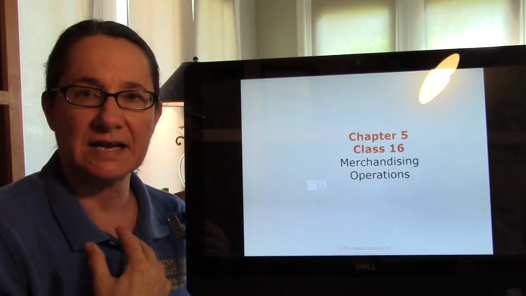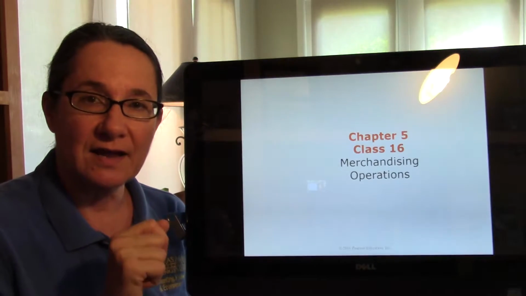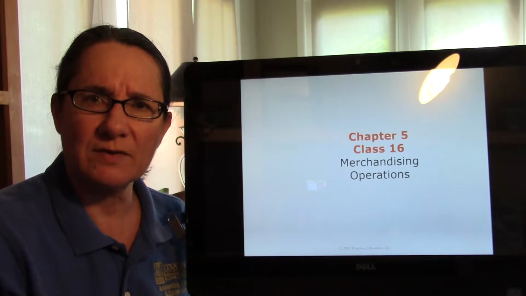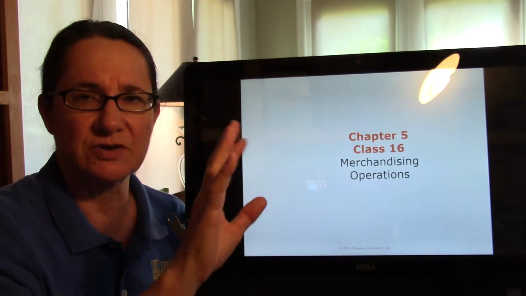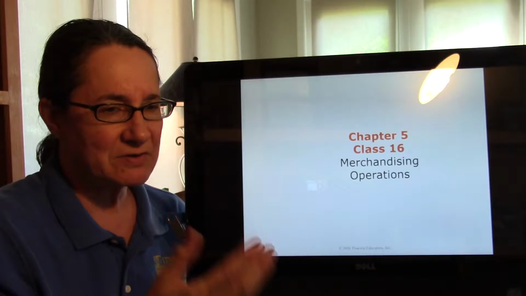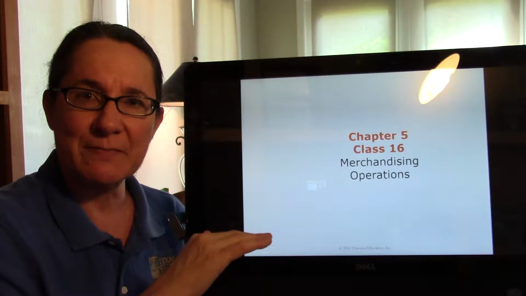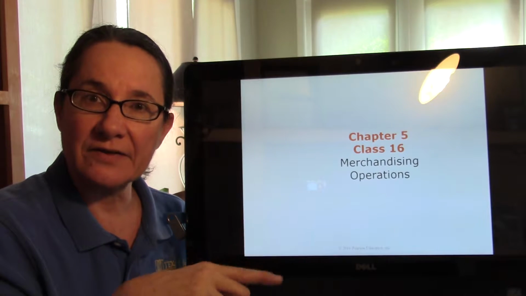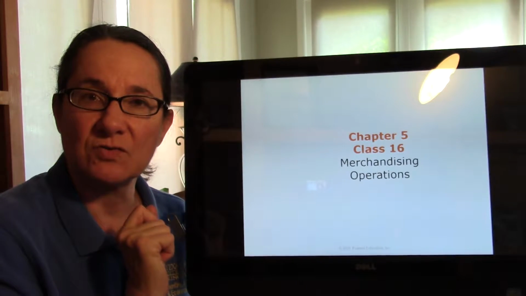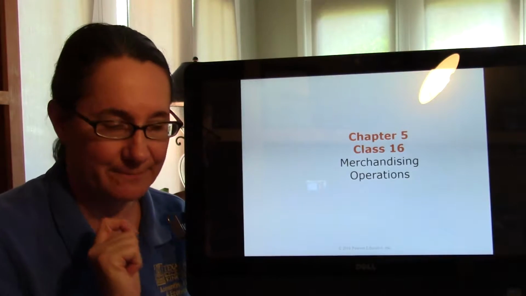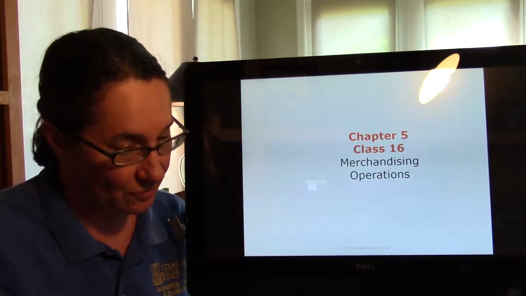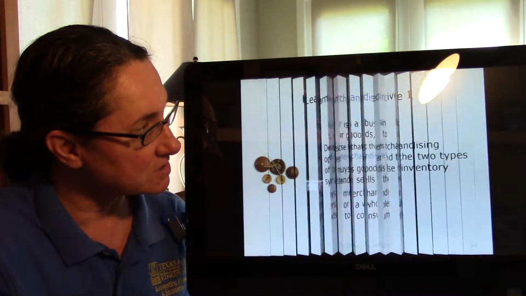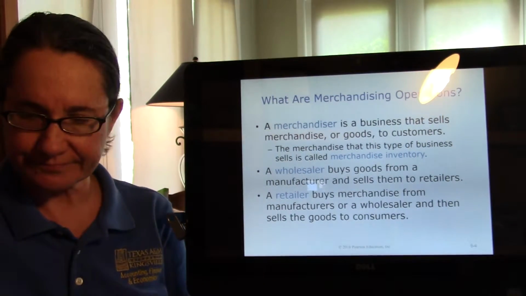So we'll add things like inventory and how to calculate discounts and things like that that go along with inventory. So really, you know the basics, you know the financial statements. Now we're just adding a little bit of information about inventory and how to restyle the financial statements to include inventory. Just adding a little bit. But you already know the basics, so that's great. So let's start talking about merchandising operations.